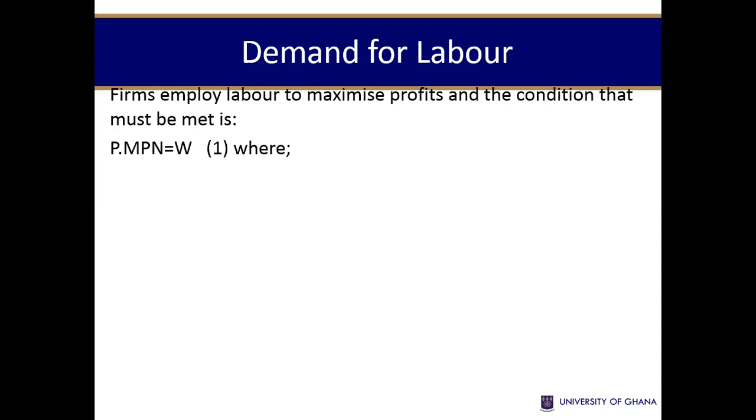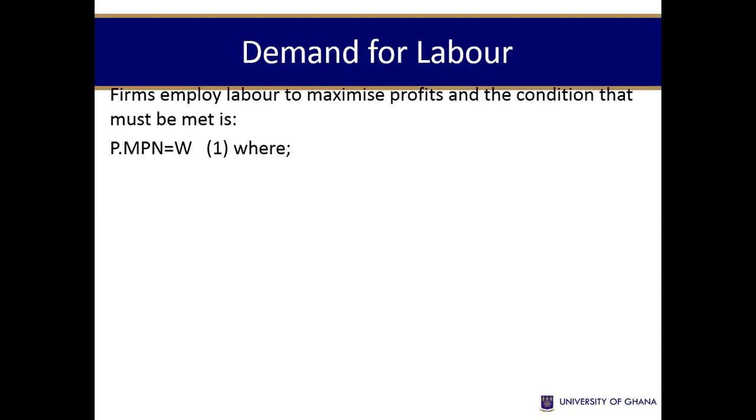Let me try to explain this condition. The wage is the cost that the firm incurs whenever it hires one additional unit of labor. And P times MPN is the benefit, the returns that it gets from hiring that labor. So just like what we looked at on Tuesday, whenever your benefit is the same as your cost, you tend to be in a stable condition.